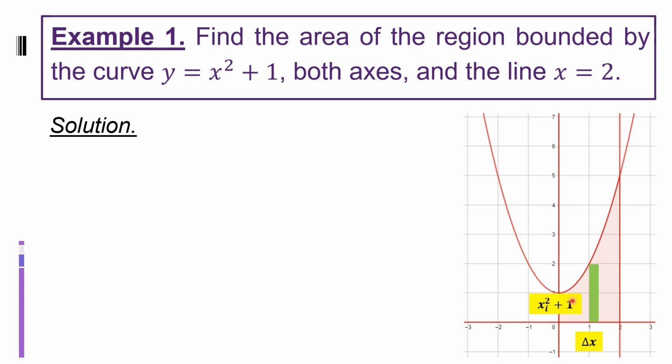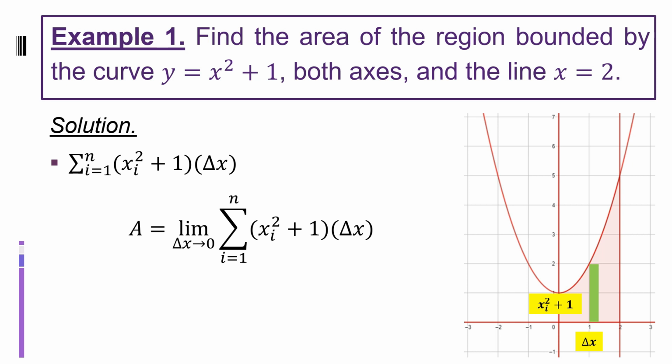So if we get the Riemann sum using this length and width, we have the summation from i equals 1 to n of x sub i squared plus 1 times delta x. And we know that the area is equal to the limit as delta x approaches 0 of the summation from i equals 1 to n of x sub i squared plus 1 times delta x.